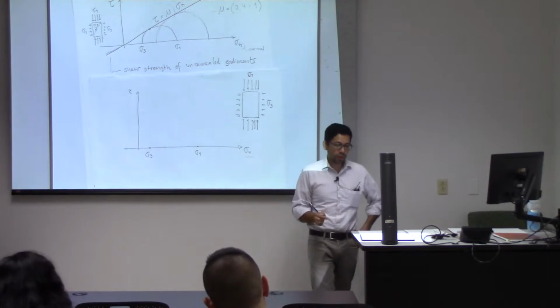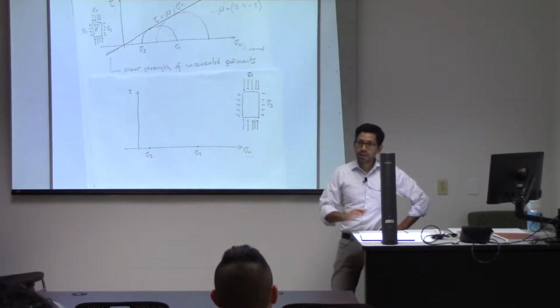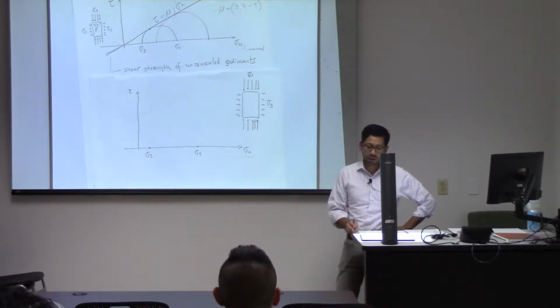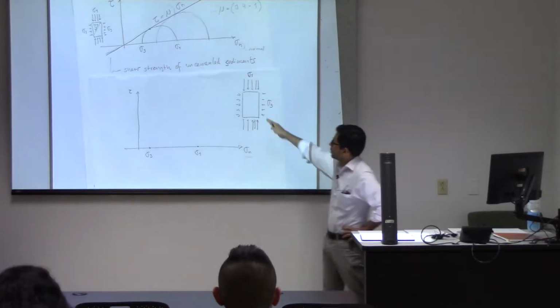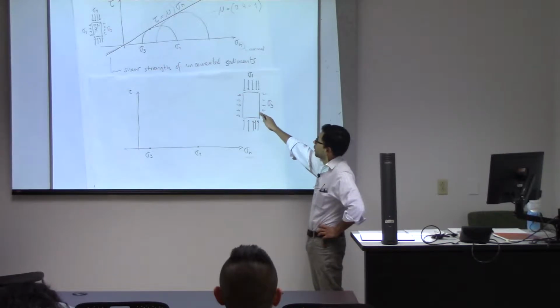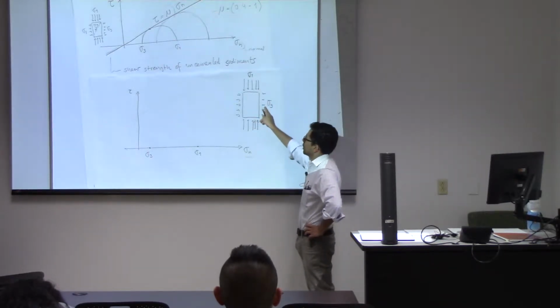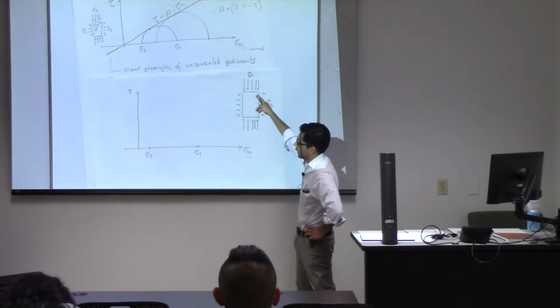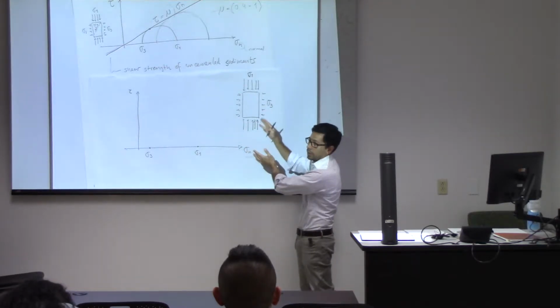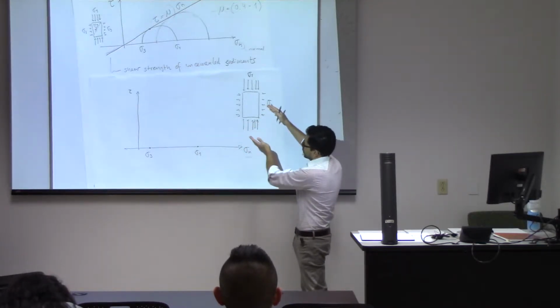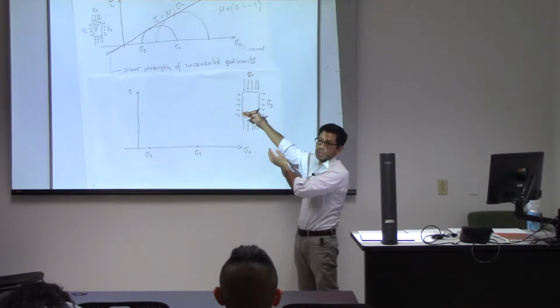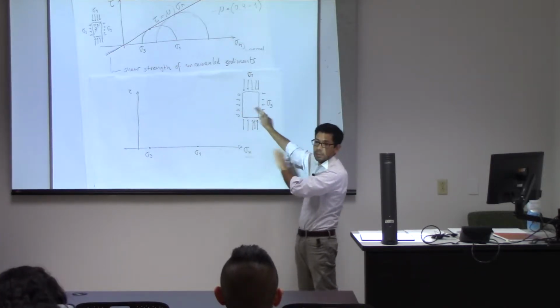Well, the Mohr circle is a graphical representation of the state of stress. You remember that we discussed that this state of stress is now sigma 1 and sigma 3 just in this orientation, but if I were to take another coordinate system, I would have normal stresses and shear stresses. And it will be still the same. It's the same state of stress.